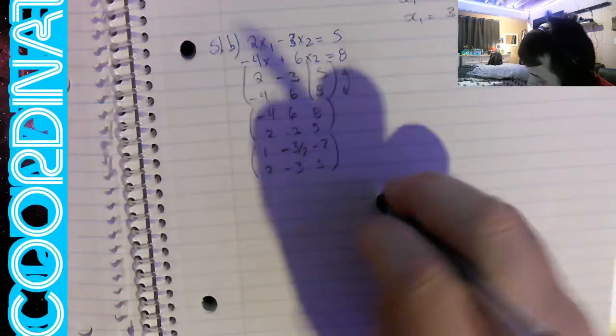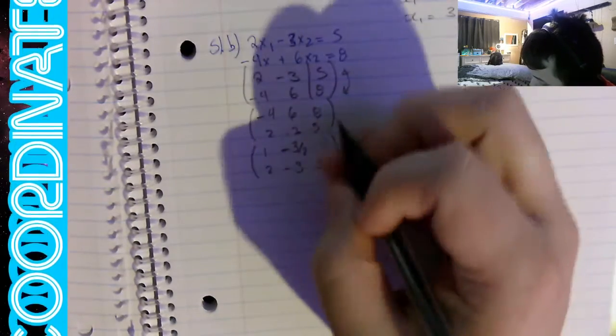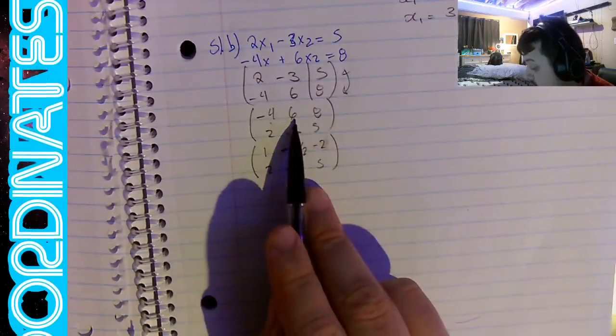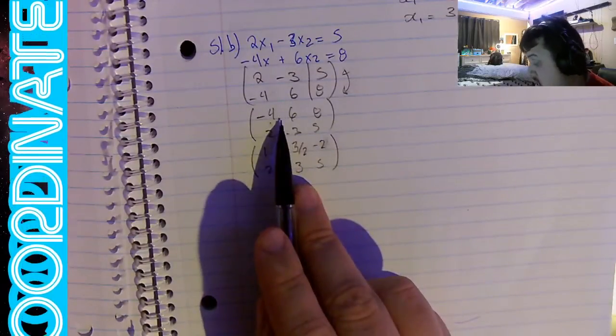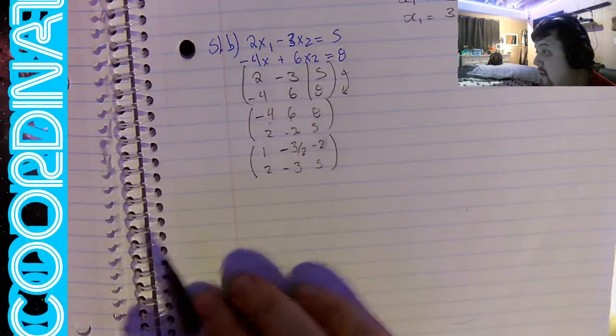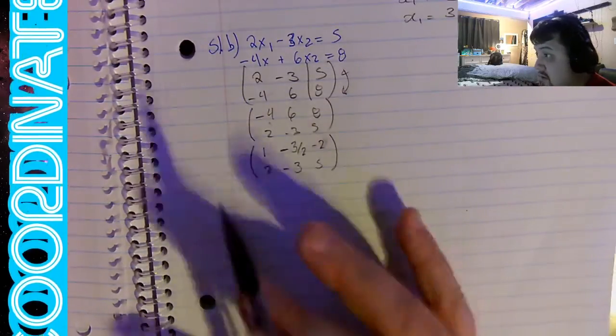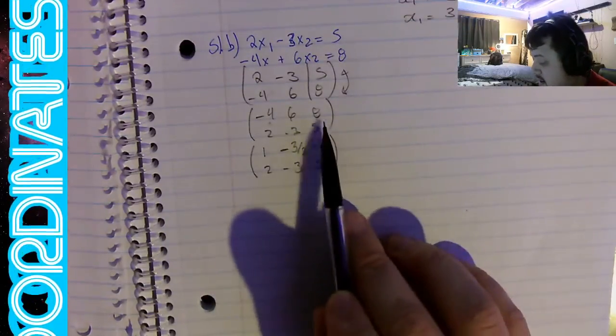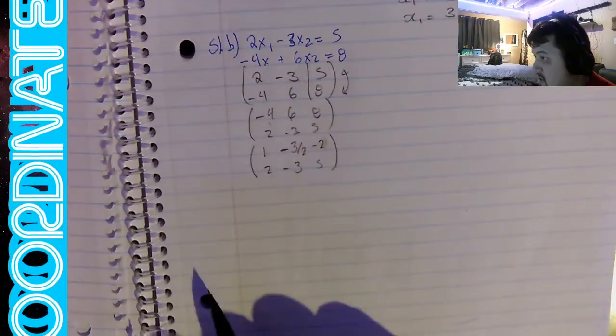This should make sense because negative 4 divided by itself is 1. Negative 6 divided by negative 4 is 6 over 4, you can divide that by 2, so you get negative 3 over 2, which is right here. And negative 8 divided by negative 4 is negative 2.